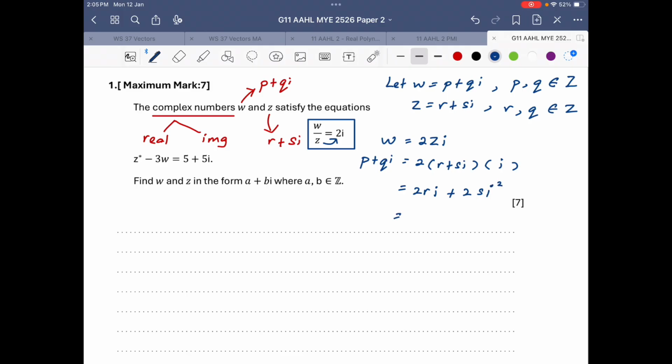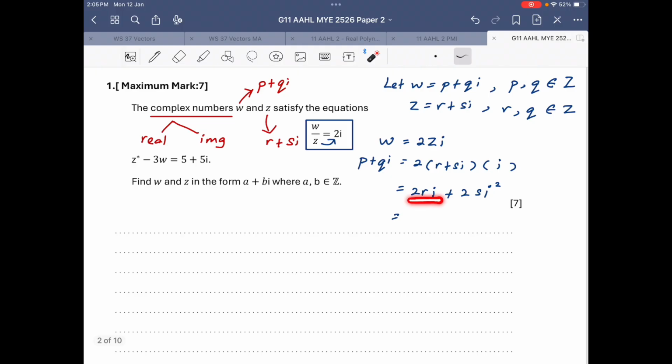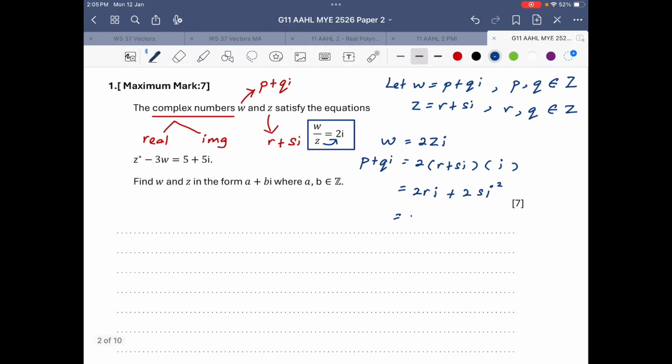Let's continue to simplify it. i squared, because i is the same as the square root of -1, i squared is the same as -1.